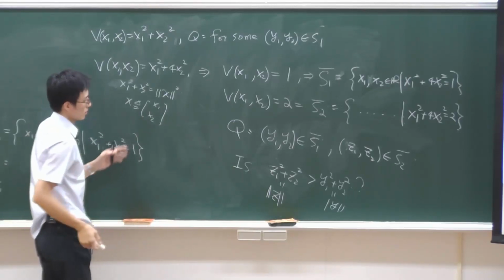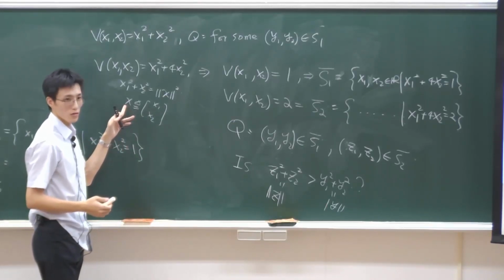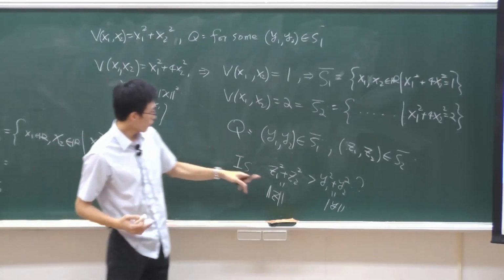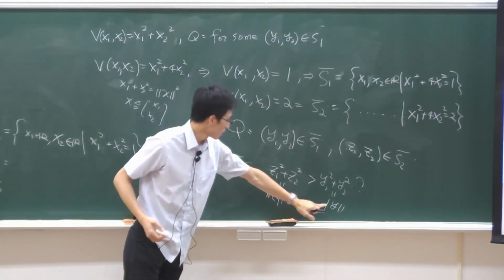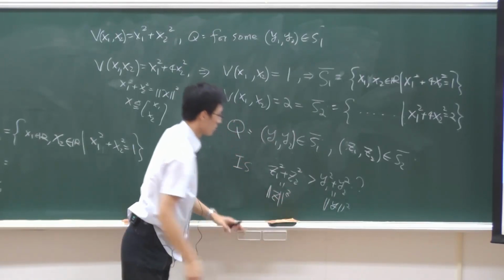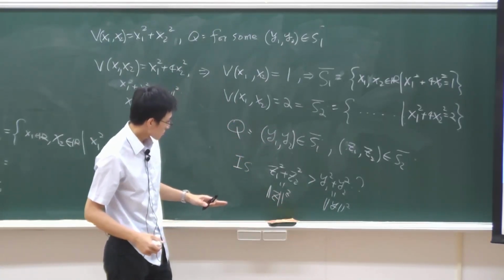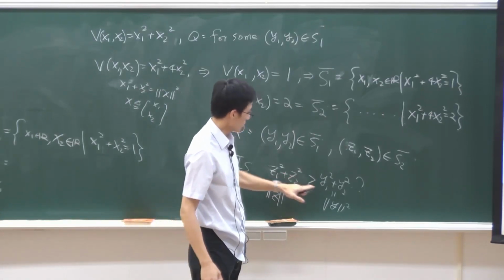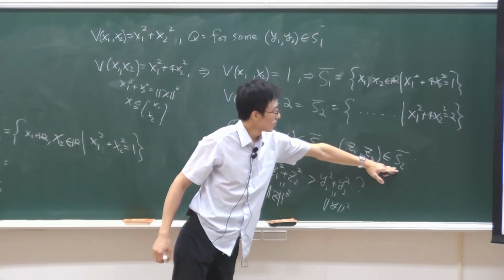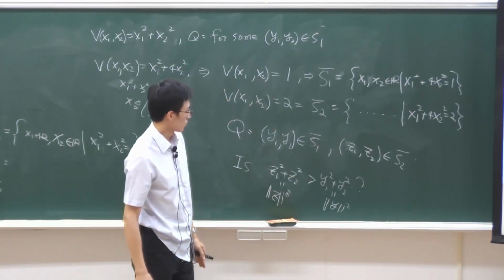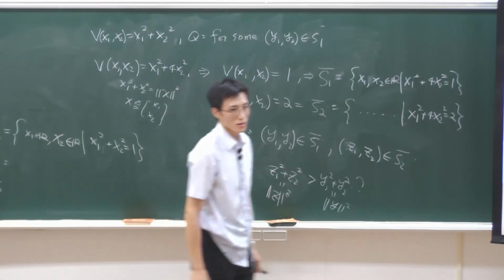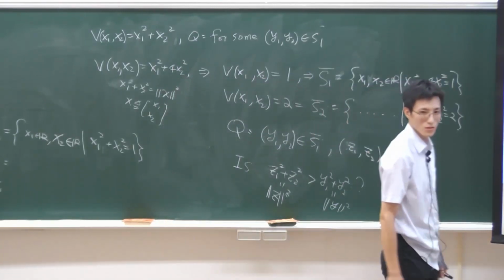So it's condensed to one variable, so it's a vector function. And y1, y2, z1, z2 can be condensed to y and z. So my question is, is this greater than this, given that z1, z2 is in the level set of S2 and this is in S1? Is that true or not?